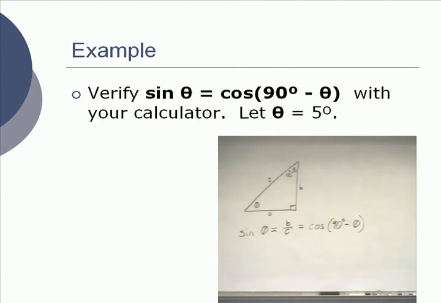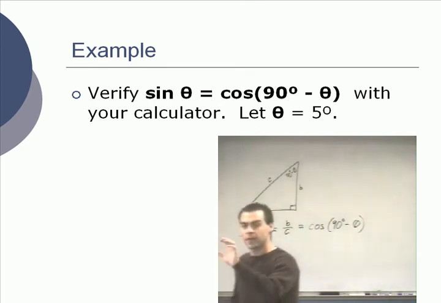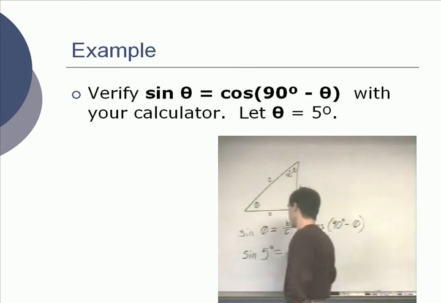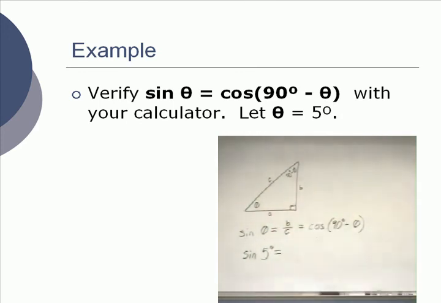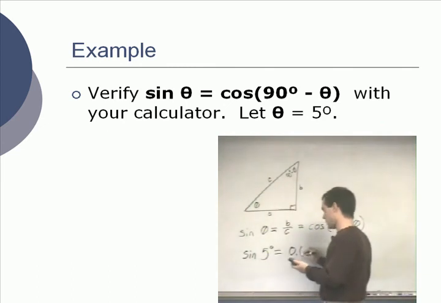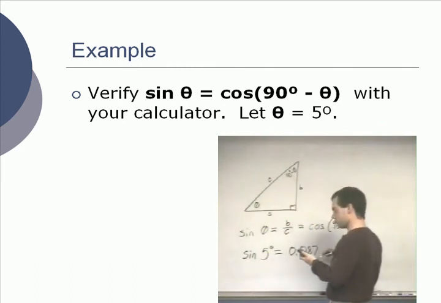Now, take just a minute and verify this with your calculator. Just take your calculator and take the sine of 5 degrees. What is the sine of 5 degrees? Let's go 4 decimals on that. You should get 0.0872.